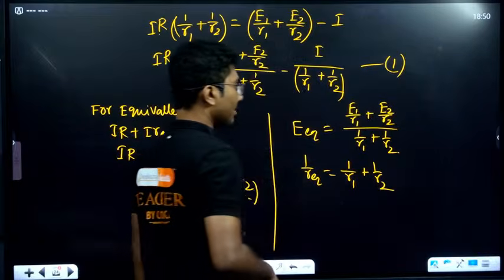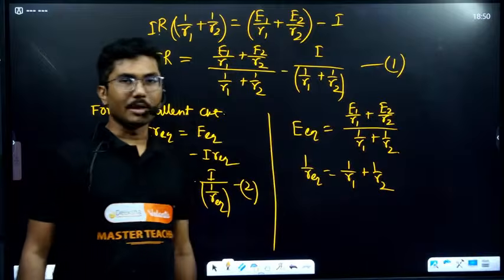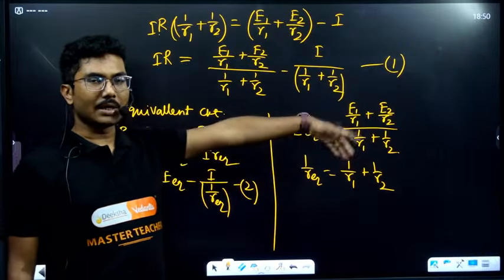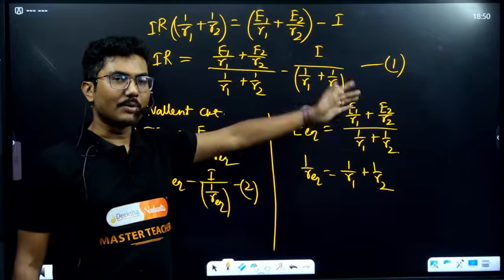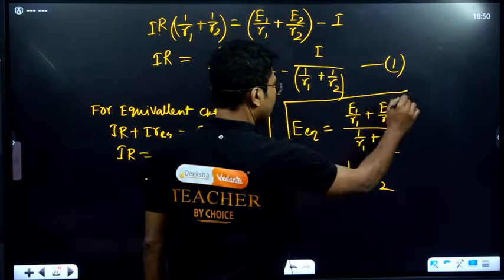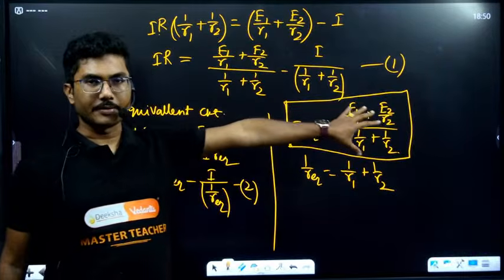Obviously this is a parallel combination, so resistances are getting added in parallel and EMF is slightly complicated, but if you remember this formula, E1 by R1 plus E2 by R2 divided by 1 by R1 plus 1 by R2, then this will help you memorize the entire formula for much longer. Okay, so this is the formula for epsilon equivalent.